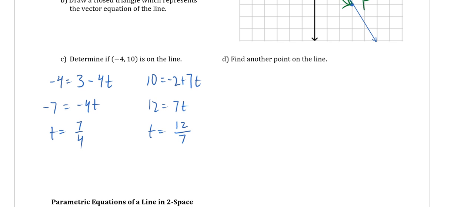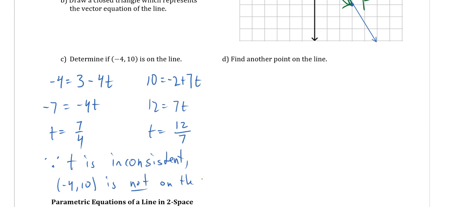So the way I got x was different from how I got y. So if they're inconsistent, that means the point's not on the line. So since t is inconsistent, this point, (-4, 10), is not on the line.